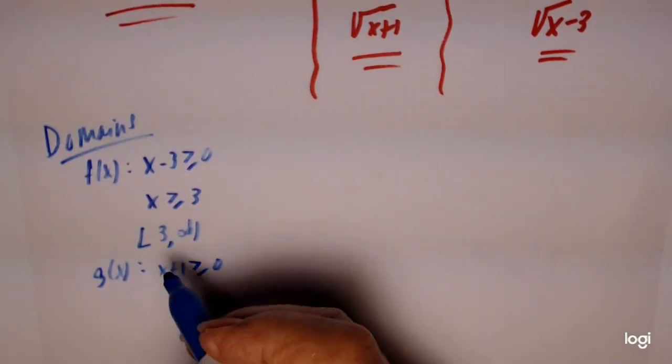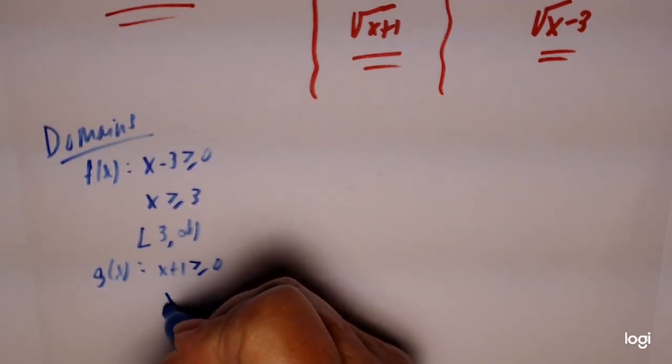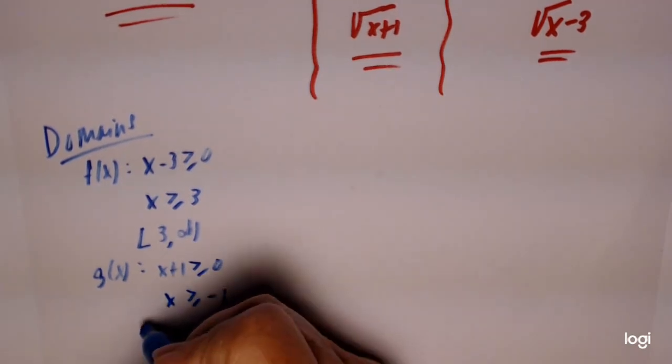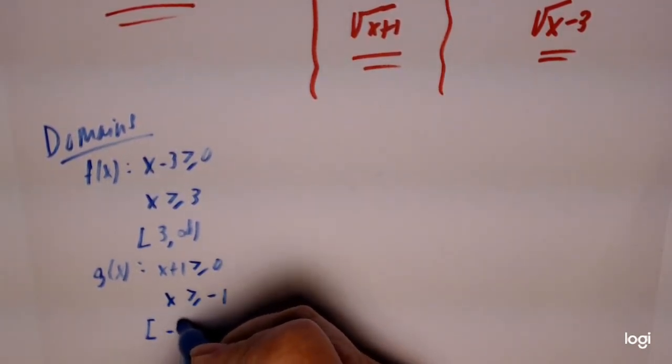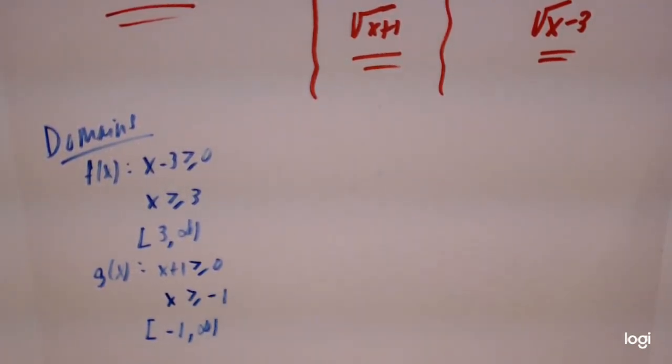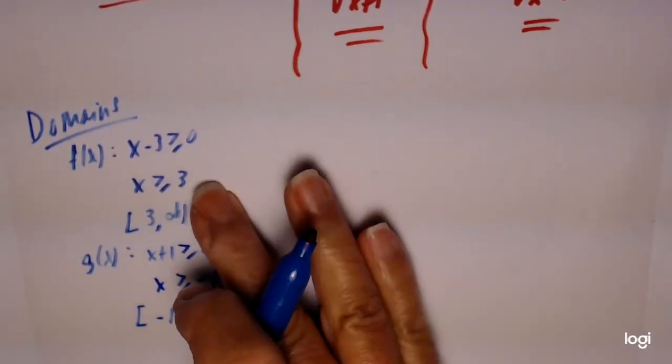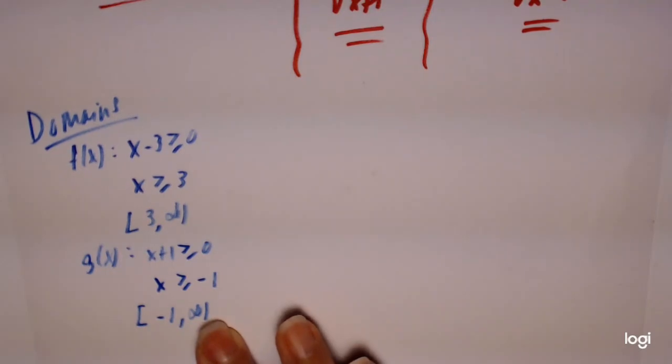So now to solve, we subtract 1 from both sides. X has to be greater than or equal to -1. And in interval notation, we have -1 to infinity. So there are our domains for f of x and g of x.